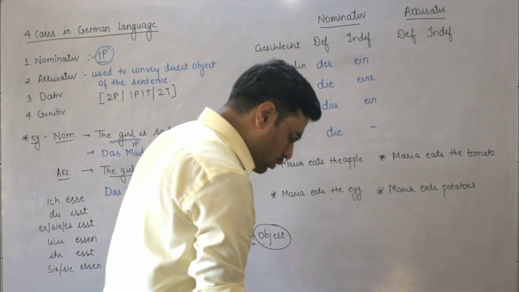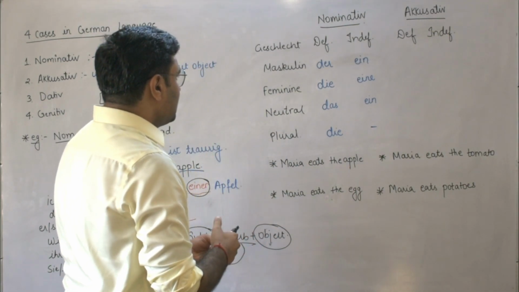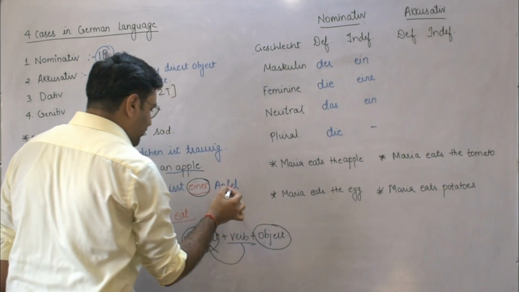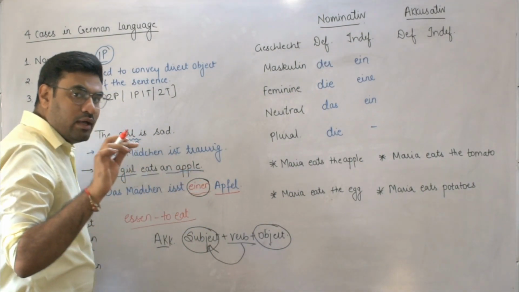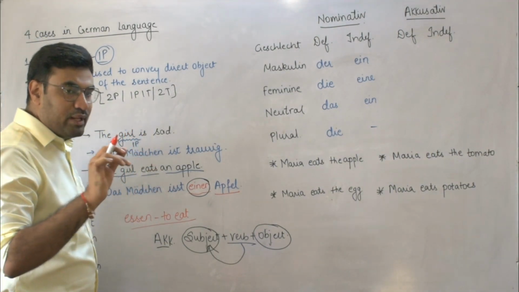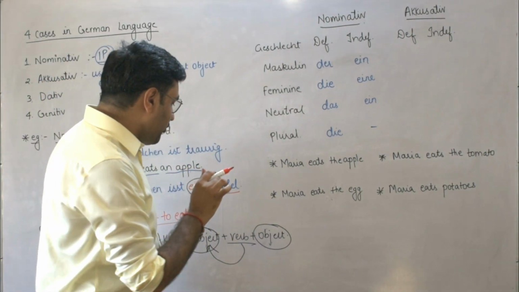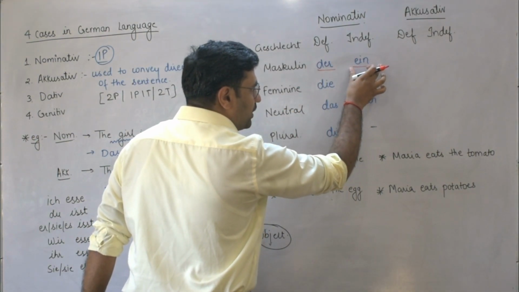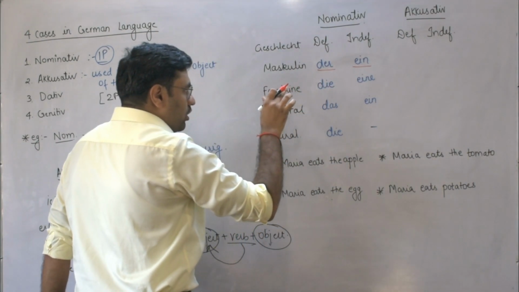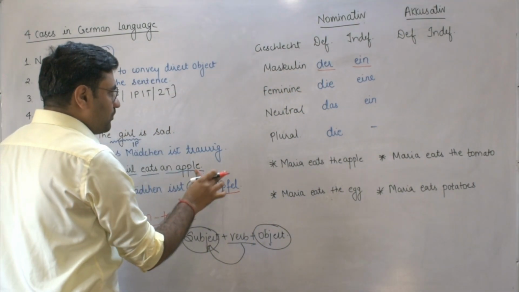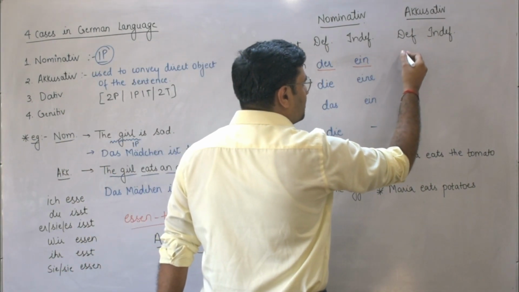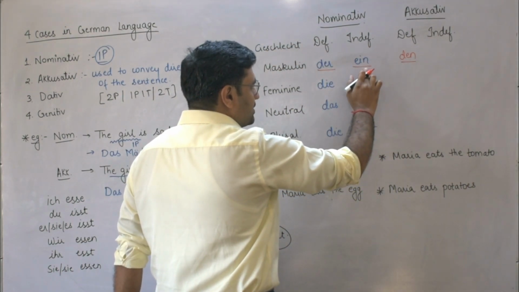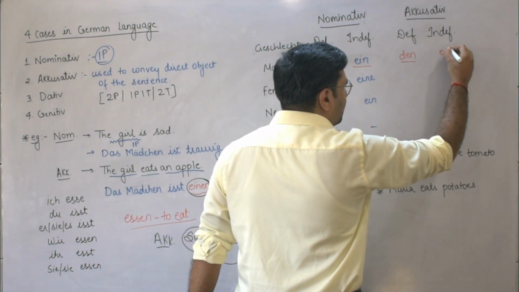Now, for masculine, when we have Apfel in the nominative case, it is der Apfel or ein Apfel, the apple, an apple. When we change this into the accusative sense, der will become den, and ein will become einen.